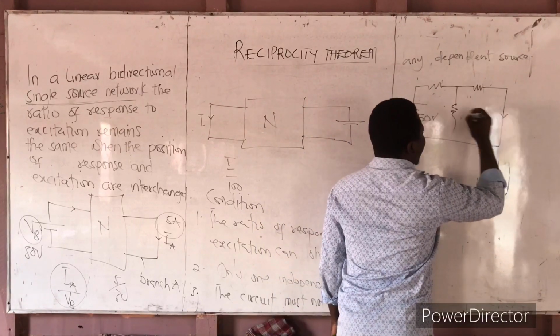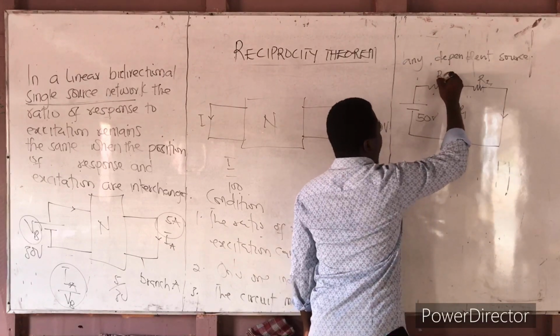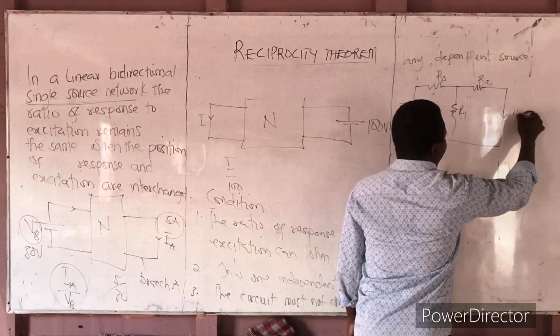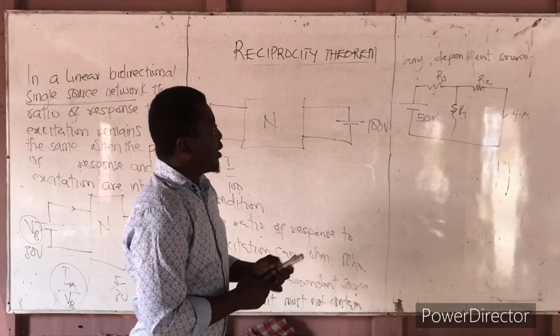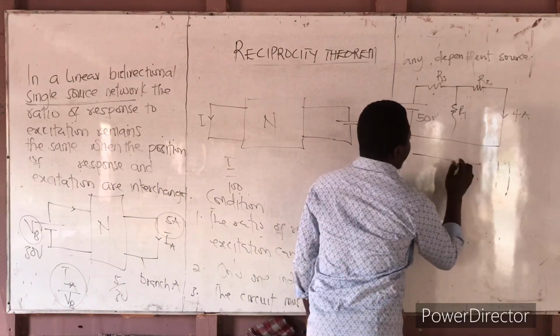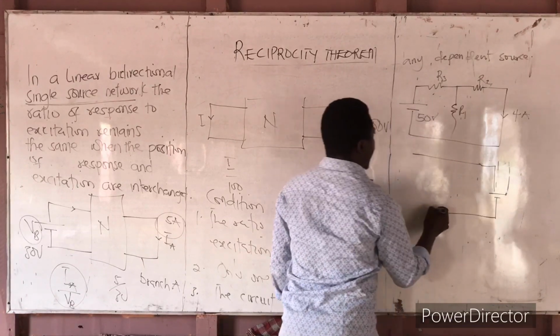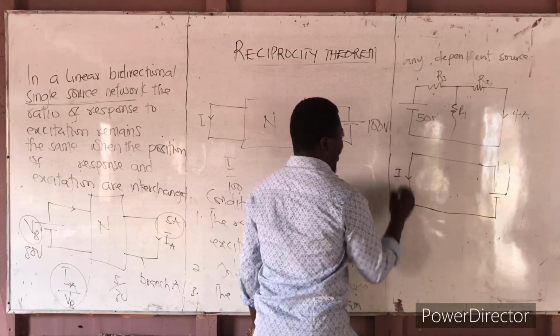They told us that this is R1, R2, R3, and the current here is 4 ampere. Then the question has another circuit, but this time the voltage source is here, and this is the current we want to find.